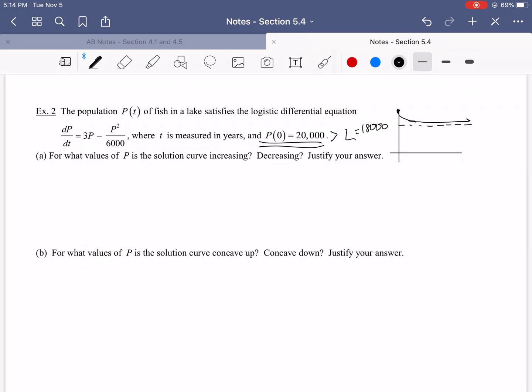So for what values of P is the solution curve increasing, decreasing? I'm going to take dP/dt equal to 0, and we saw earlier that that happens when P is equal to 0 and 18,000. So here I've got 18,000, and here I've got my initial population of 20,000.